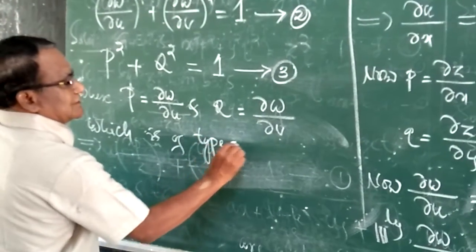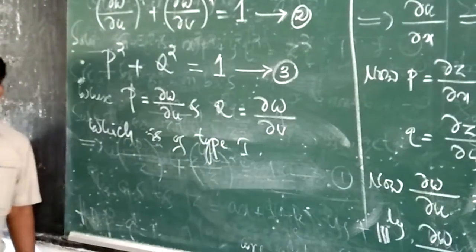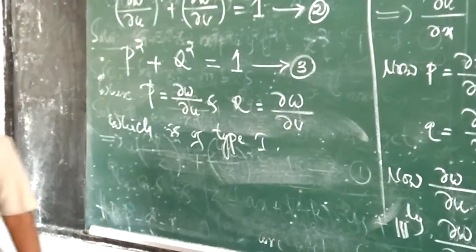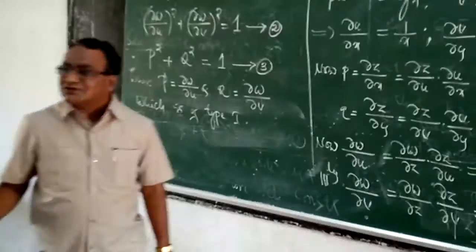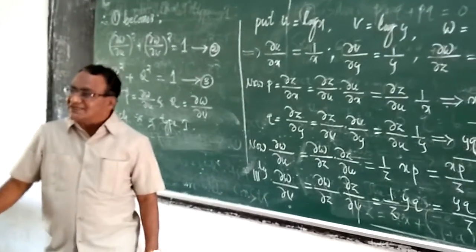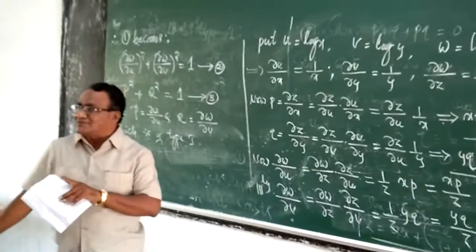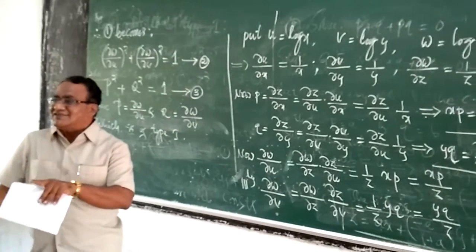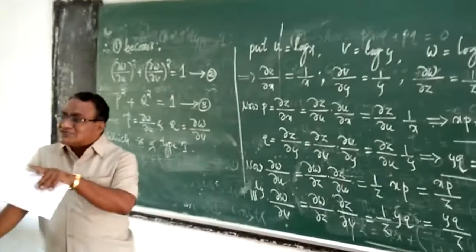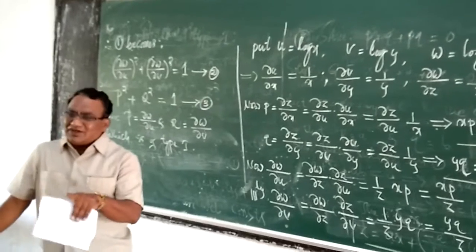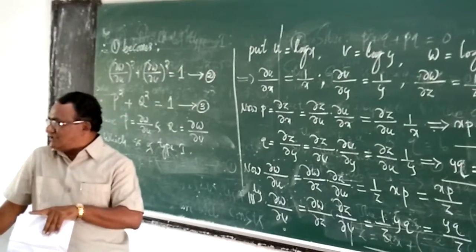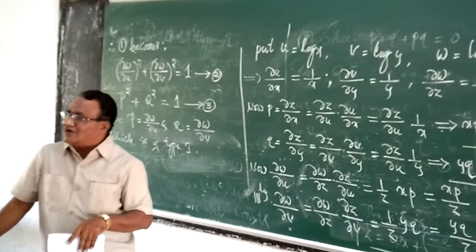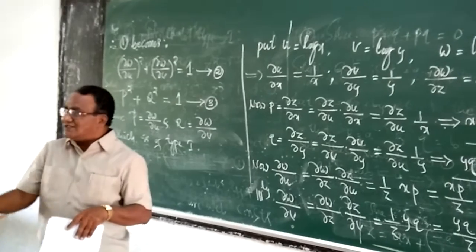If it is an equation of type 1, what is your solution? z is equal to ax plus by plus c, in terms of small p and small q, where small p stands for dou z by dou x and small q stands for dou z by dou y. But here it is entirely different.